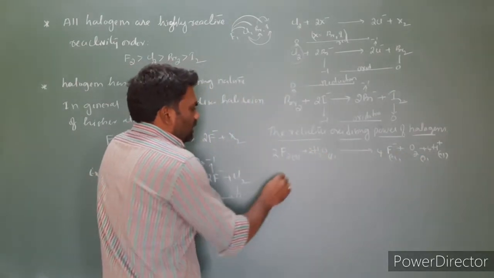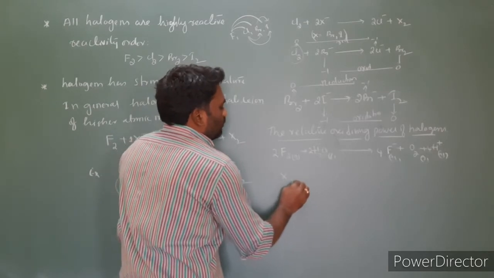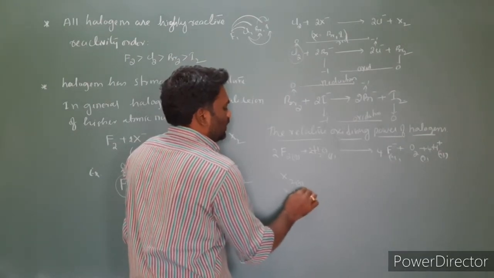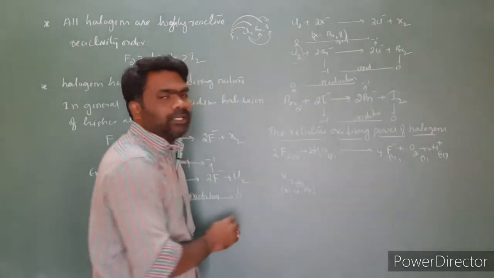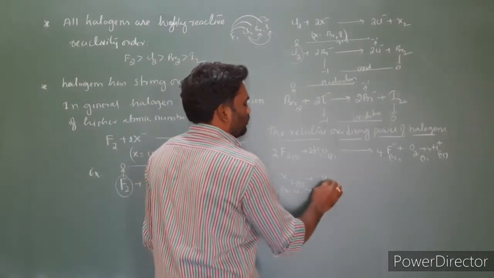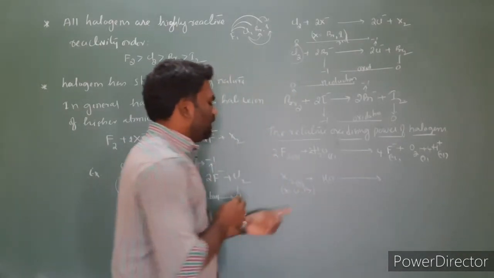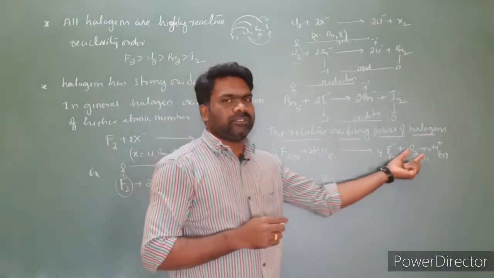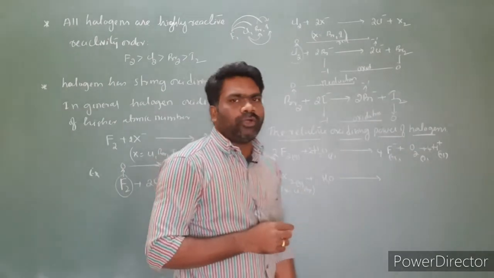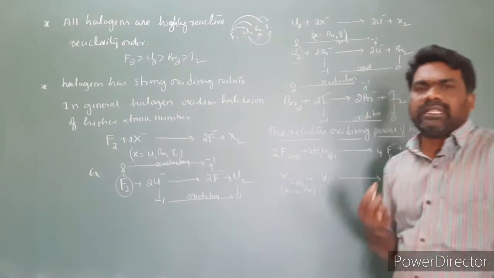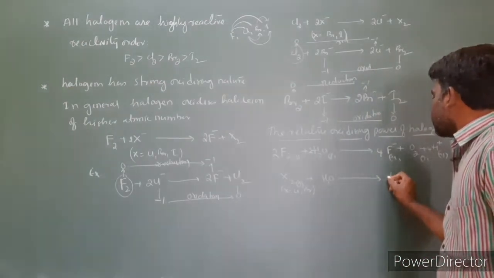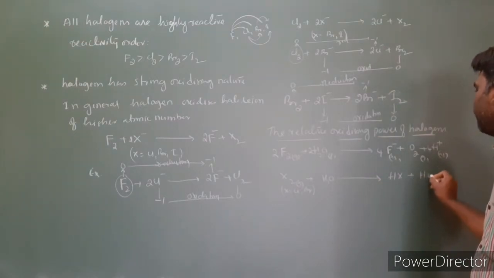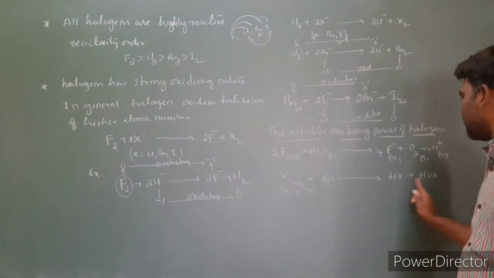That is the first reaction. Second, I'm taking chlorine and bromine. Here X is chlorine and bromine, plus water, H2O. The point is that chlorine and bromine react with water but do not oxidize the water. Fluorine is oxidizing water into oxygen, but chlorine and bromine do not oxidize the water; they react with water. Then the products are HX and HOX.